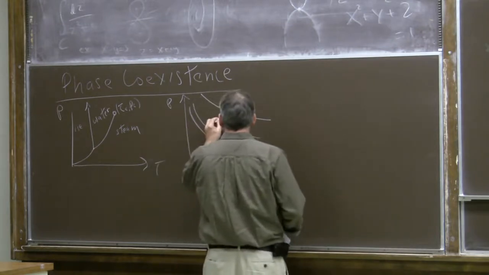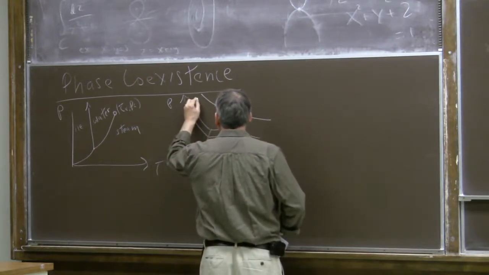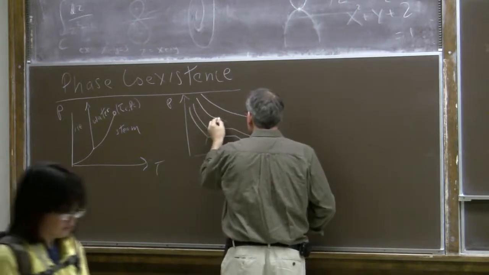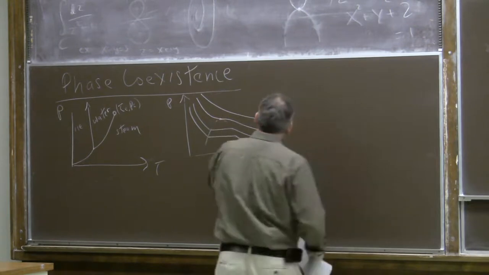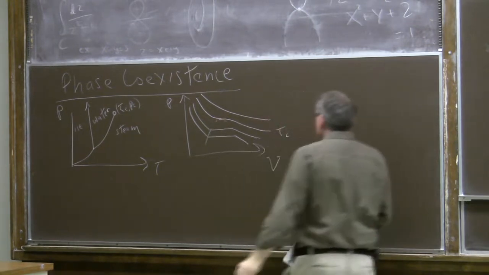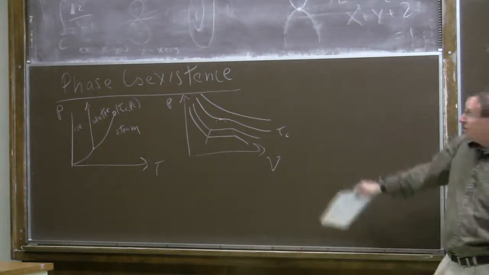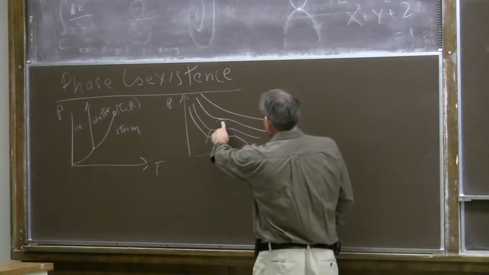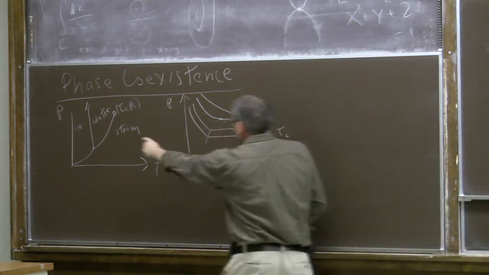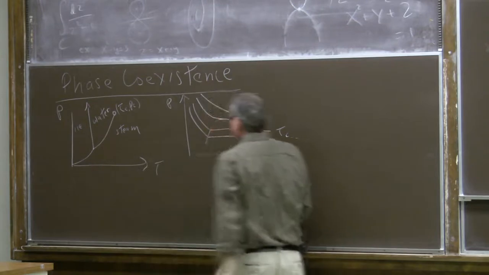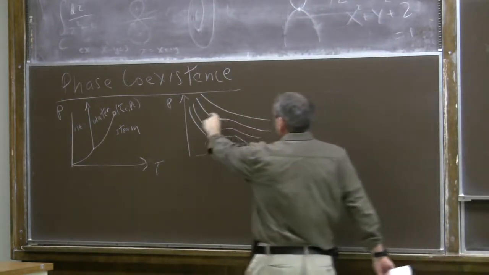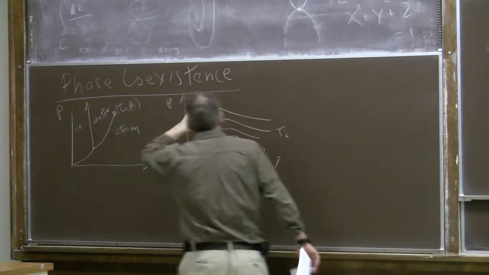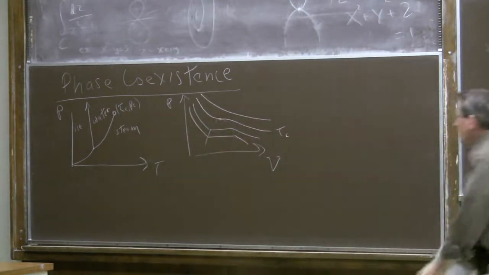And there's a special value of the temperature, a so-called critical isotherm, where the phase coexistence region begins. So this is the critical value of the temperature, this isotherm, which separates the low temperature region in which we can have coexistence of water and steam, and the high temperature region above this critical point where there's no transition between water and steam.